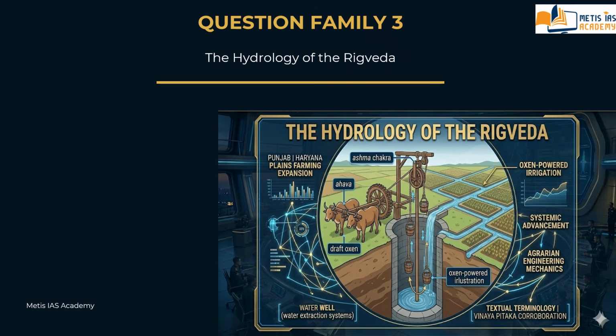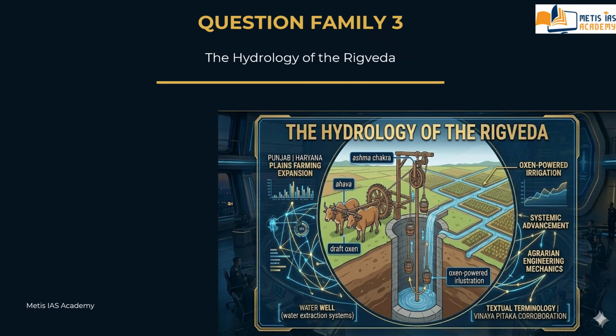The Rigveda explicitly details the Ashma Chakra, a stone wheel, and the Ahava, strapped buckets for water lifting.